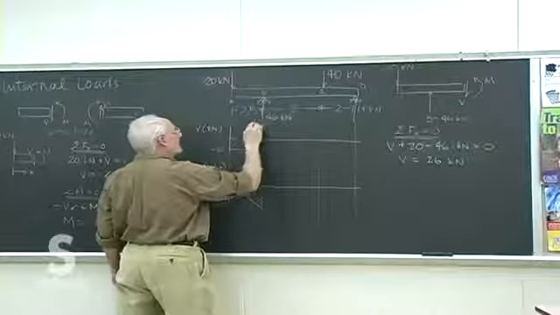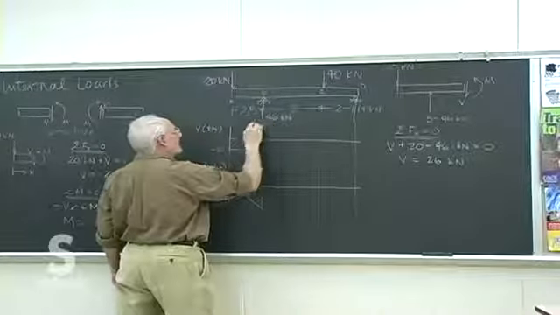And then also need to figure out what kind of support reaction is there. Label that A, B, C, and D. So that's the load D. But it also affords some moment to it as well. And we can figure out what all of those are.